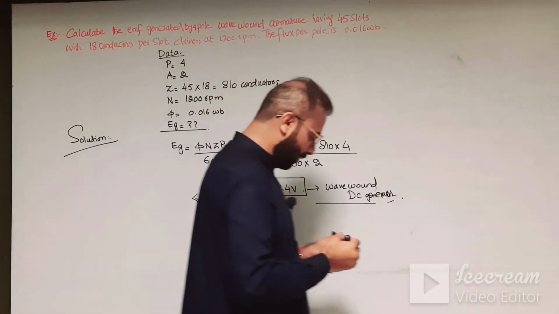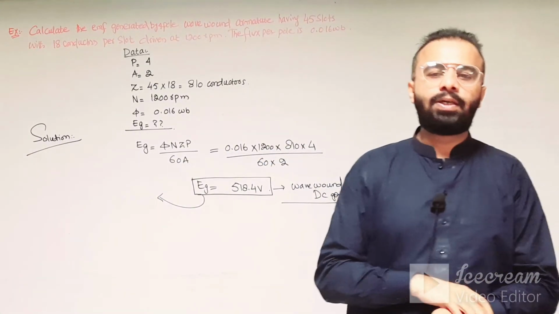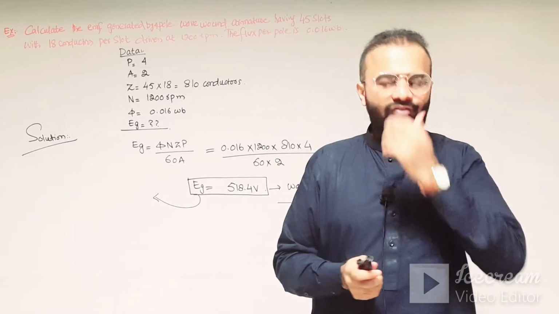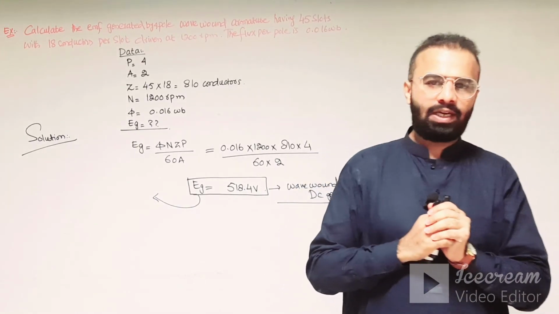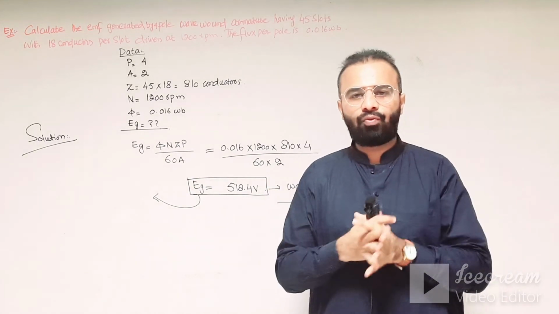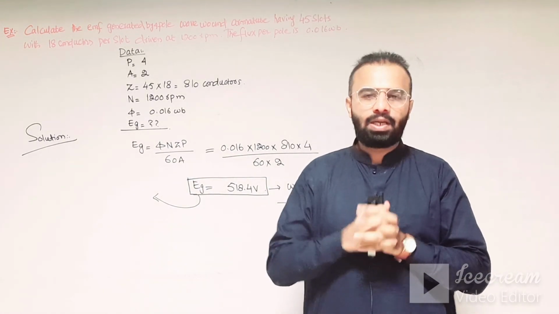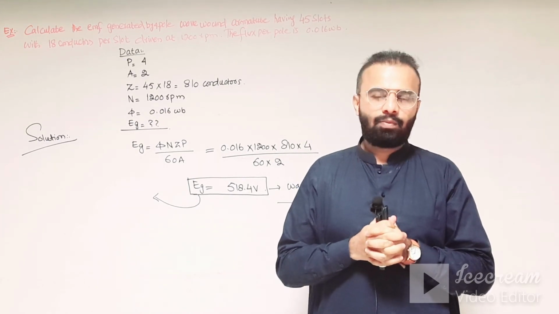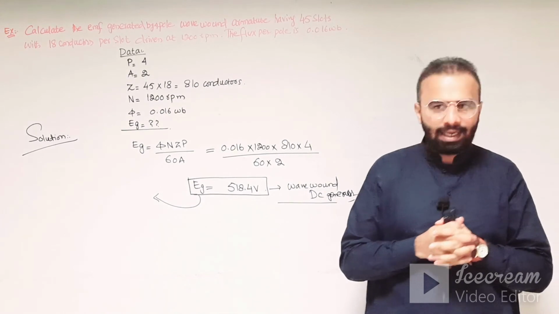So dear viewers, this was the lecture related to the EMF equation of the DC machine, in which we have solved the EMF equation of the DC machine, either it acts as a generator or as a motor, and that was PɸNZP over 60A.